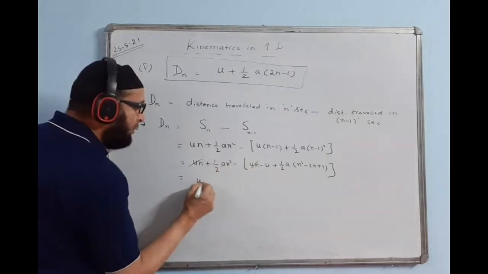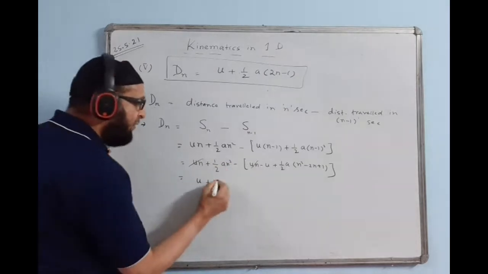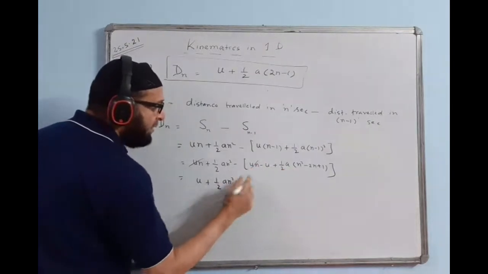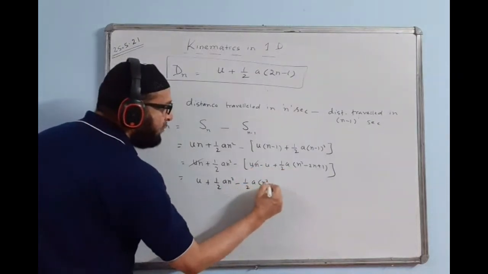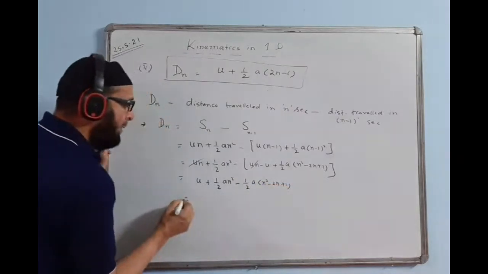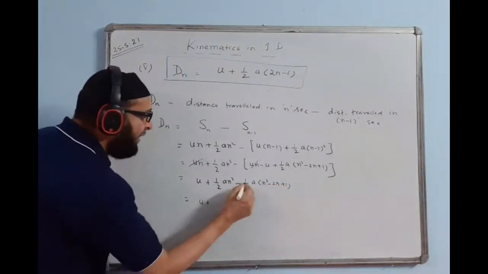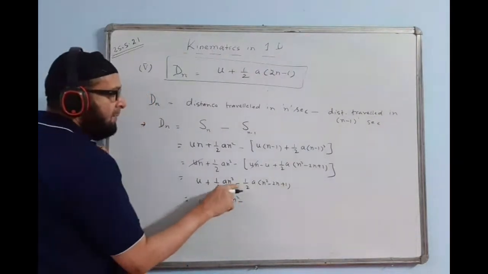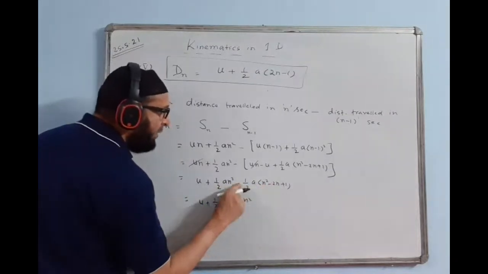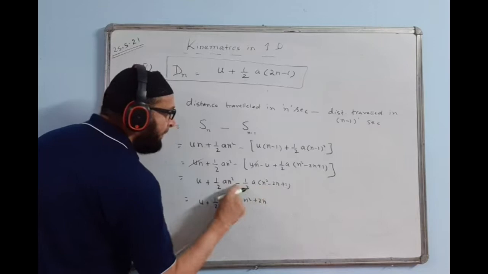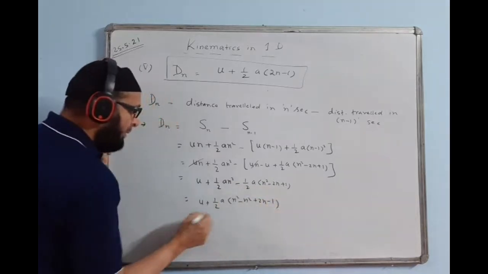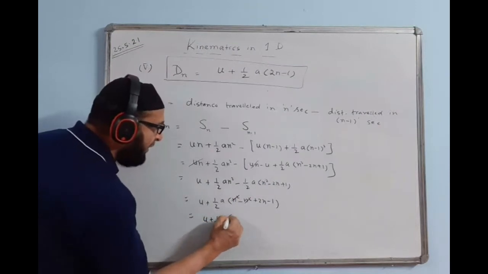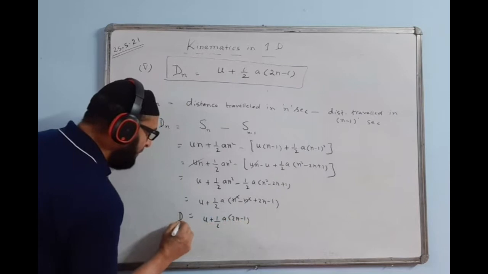Minus is plus, at first I'll write u plus half a n square minus of this value, minus plus is minus, right, half a bracket n square minus 2n plus 1. I'll keep u as it is, plus half a I'll take common. Half a is common. Here we are left with n square, minus is the sign, minus times of this, that is minus n square. Minus is plus 2n. Minus plus is minus 1. This n square cancels. We have the answer coming. U plus half a bracket 2n minus 1. This is the value of dn.